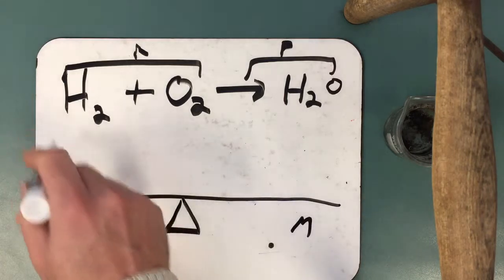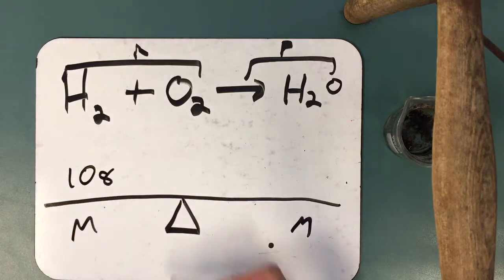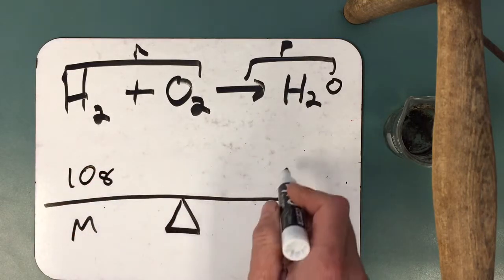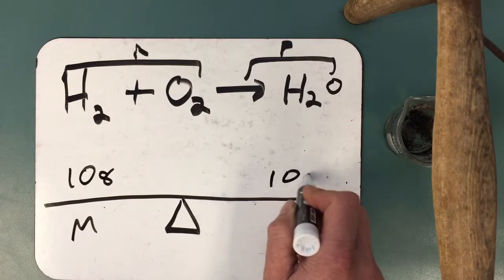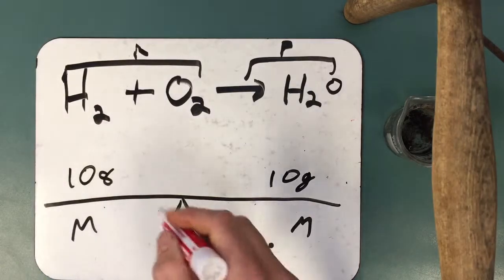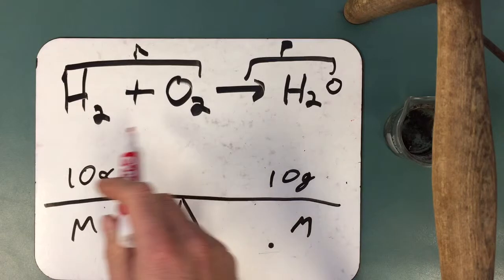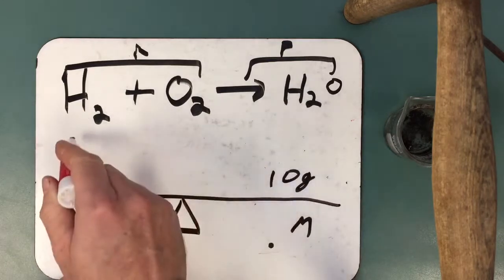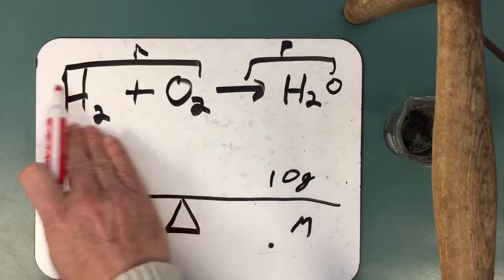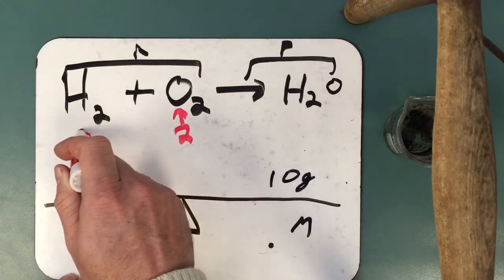In other words, if I had 10 grams of hydrogen and oxygen, on the other side I would have 10 grams of water. That means you should have the same number of atoms on both sides, and the way I wrote this doesn't quite work. I have 2 atoms of hydrogen, 2 atoms of oxygen.